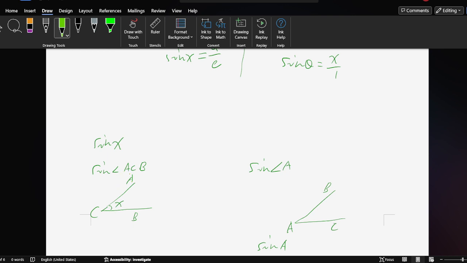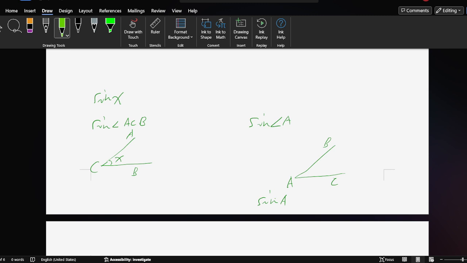Usually, you should use three letters, like sin of angle ACB. Also, you can write sin of angle A, but you cannot write sin of A. That's different. Usually A means only one point. It means only a point. So X, Y, or M, or N are variables, but capital A, capital B, usually in math we write for points. Same point, no meaning.